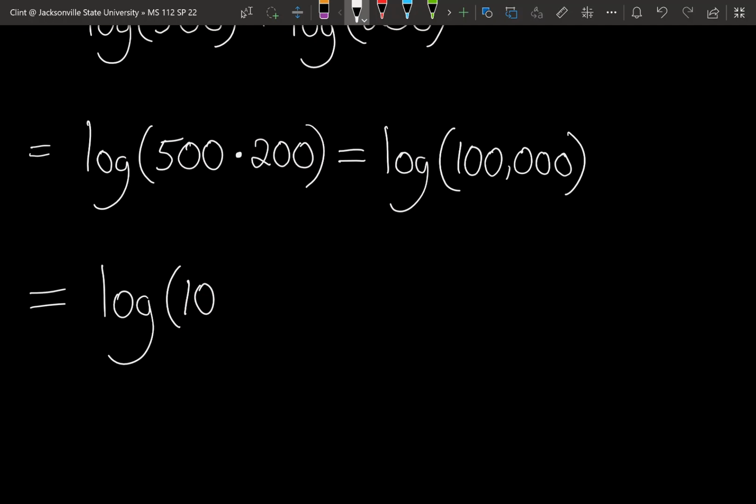So 100,000 is 10 to the 5th power. Then since our base is really 10 there, you can move the 5 out front, and then it's 5 times 1, or you can just realize it's going to be 5.